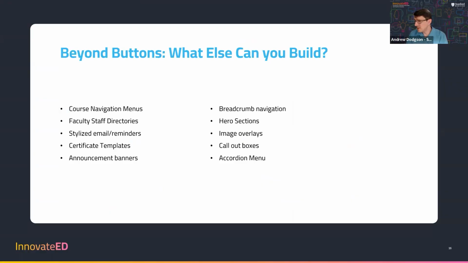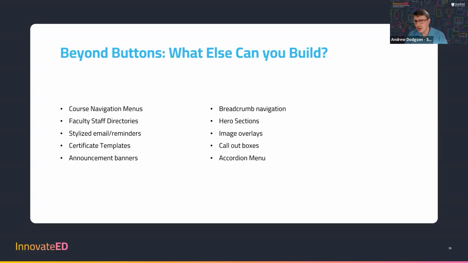Beyond the buttons, and this might answer some of your question too, what else can you build? Some of the things that I've done are course navigation menus. That's actually been pretty helpful because if you're familiar with an application like eLearning platforms, we have something called learning groups that are basically different instances of your learning management system meant to provide customization to different groups.